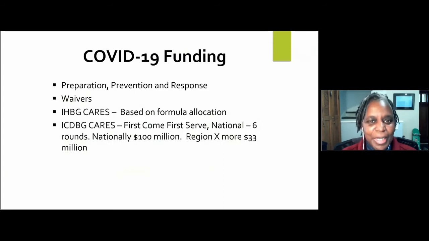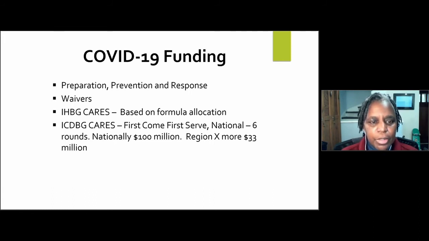Yes. So our COVID-19 funding from HUD was focused around preparation, prevention, and response. And so that meant having a lot of flexibility. In order for that flexibility to happen, we had to issue a number of waivers to the statute and regulations that govern us, which is called, in shorthand, NAHASDA, the Native American Housing and Self-Determination Act.